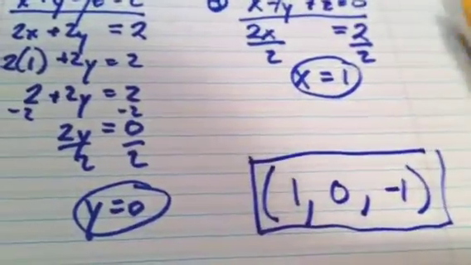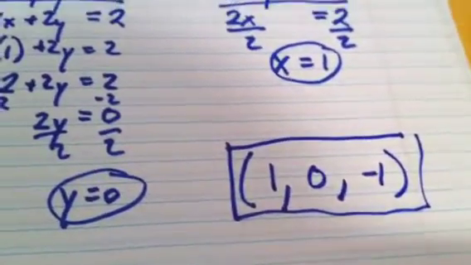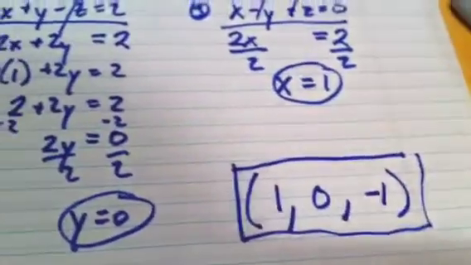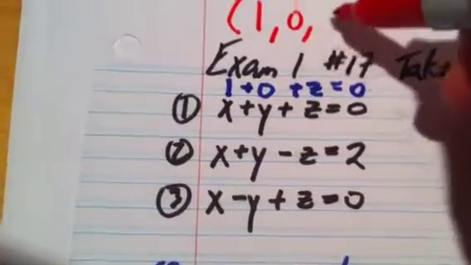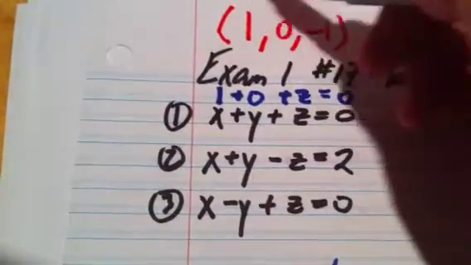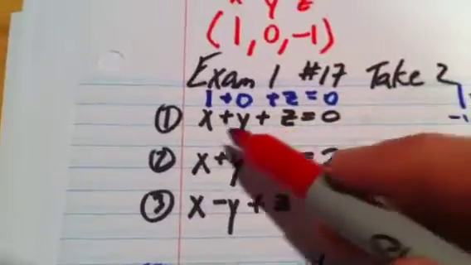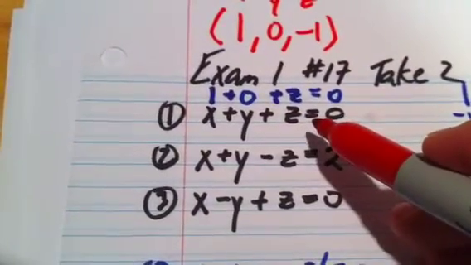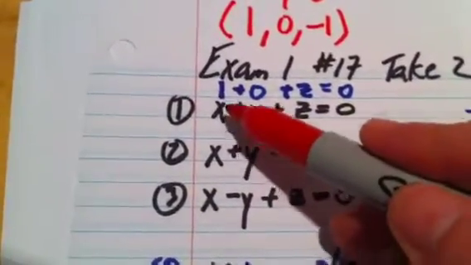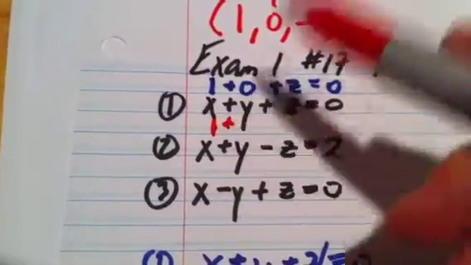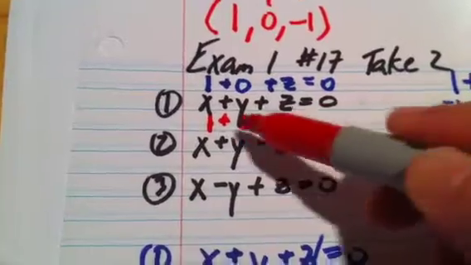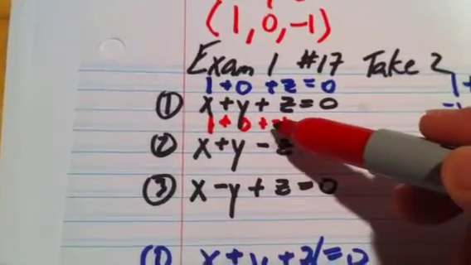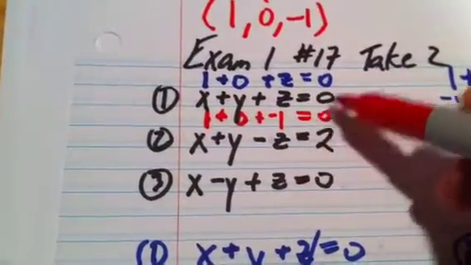Let's check to make sure it works in all of these equations. Plugging in x is 1, y is 0, z is negative 1 into each one of these, let's see if it works. So in the first one, x is 1, y is 0, z is negative 1, so 0 plus 0 minus 1 really does equal 0.